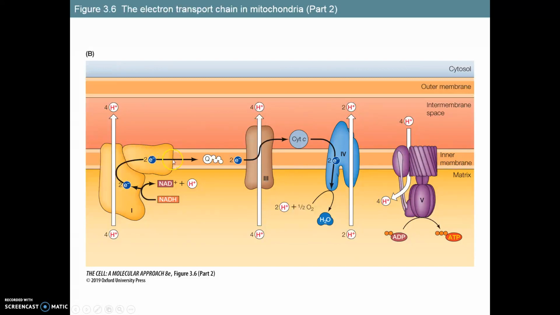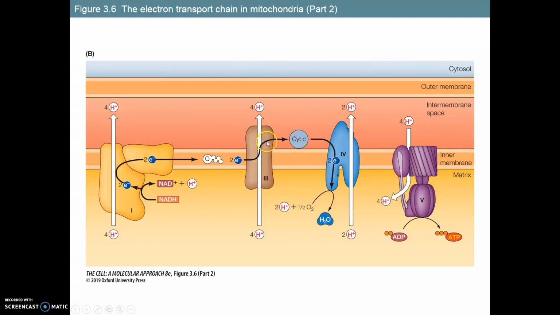We then dump those electrons from complex 1 onto a molecule called Q. It is hydrophobic and restricted to the inner membrane. It can then float freely and move from complex 1 to complex 3, where it'll deposit its electrons. It'll travel through here, causing more protons to be pumped into this inner membrane space.